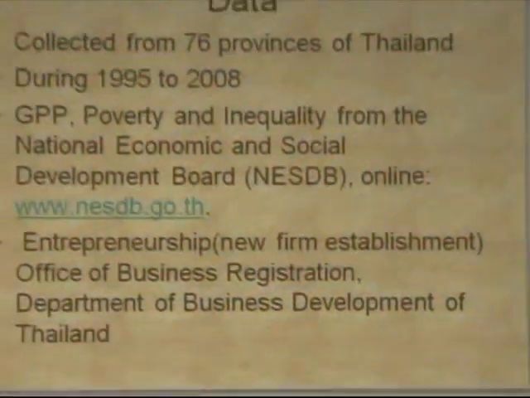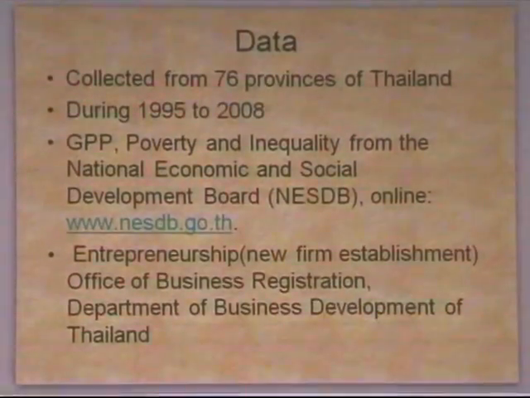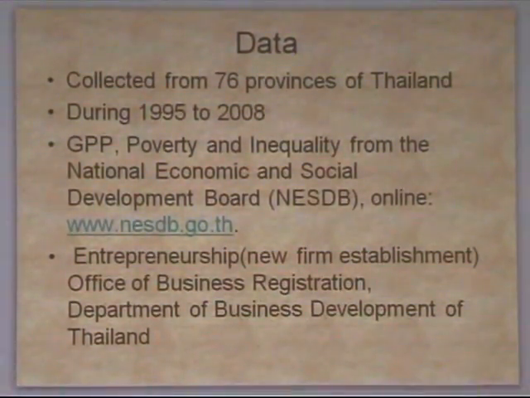The data on poverty and inequality in Thailand do not even start from 2000, and they were not collected every year, but sometimes after 1 year, then 2 years, 1 year, 2 years.